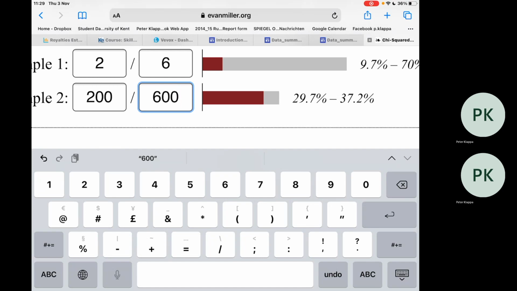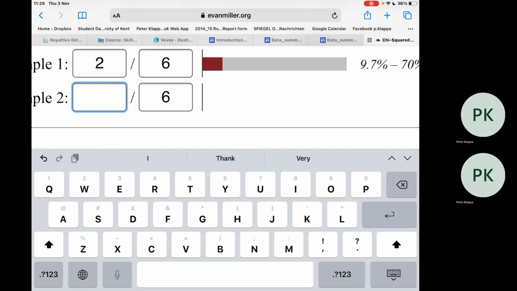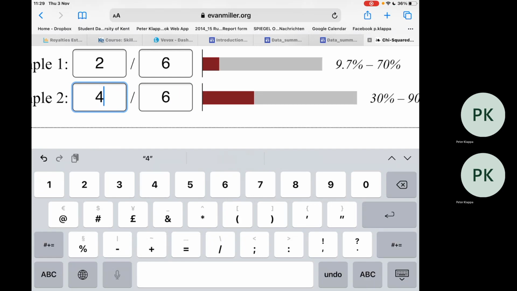Now, what you just mentioned, let's do that. Let's, in this case, look at the white colonies. So we would have 4 out of 6.